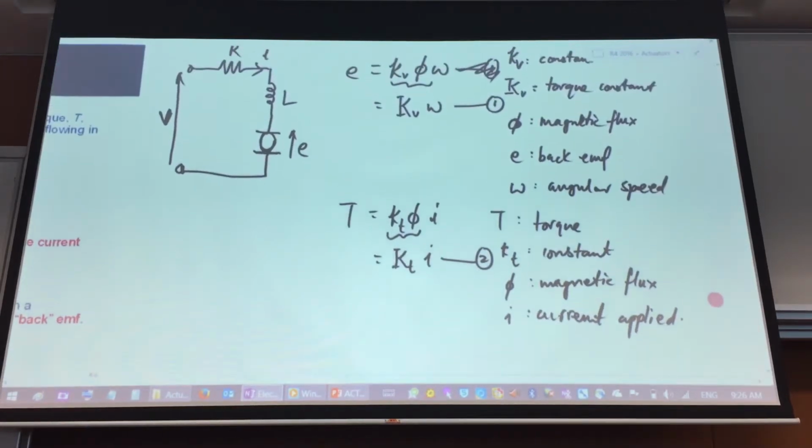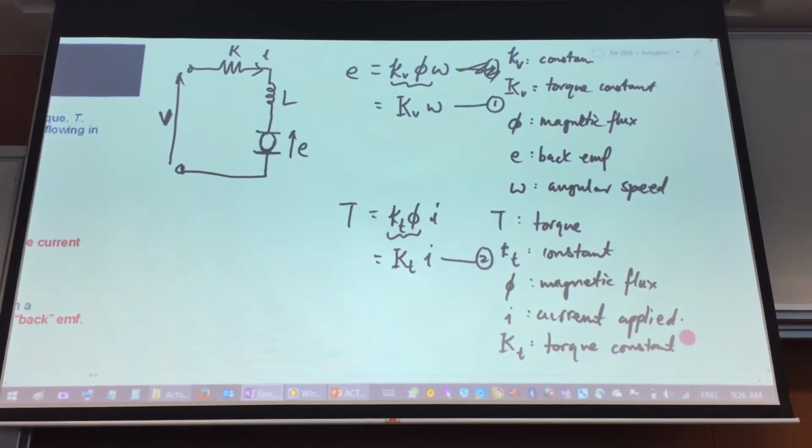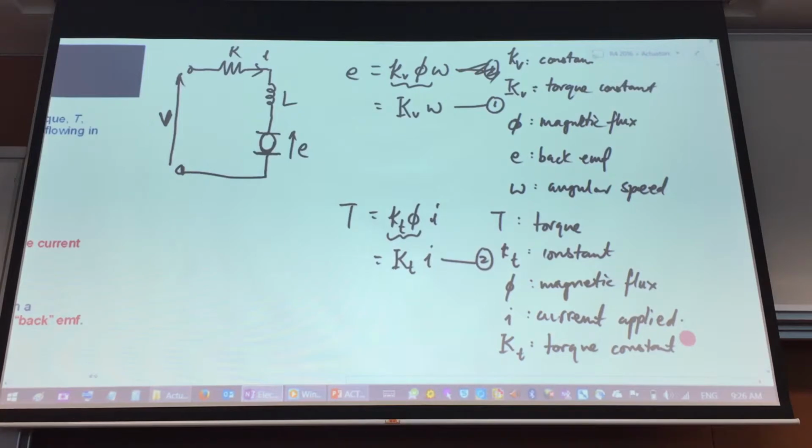So your capital letter KT is also called torque constant. So back EMF relates to the angular speed, and the torque that's generated after you supply the electricity is related to the amount of current that you supply.